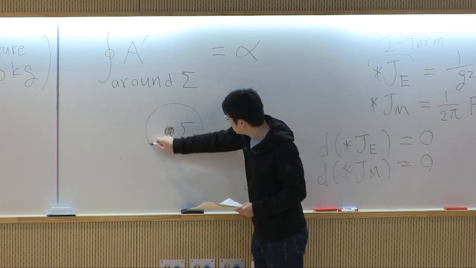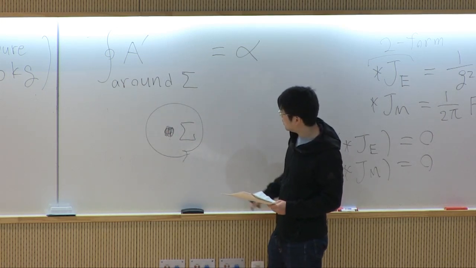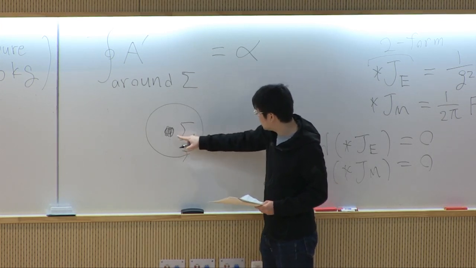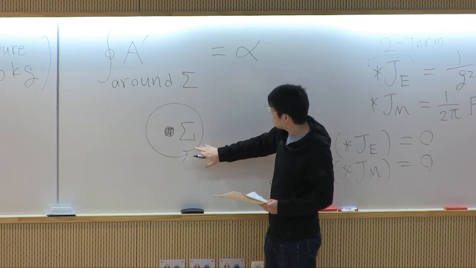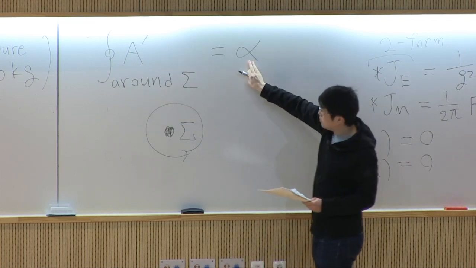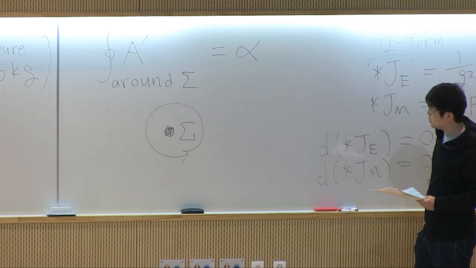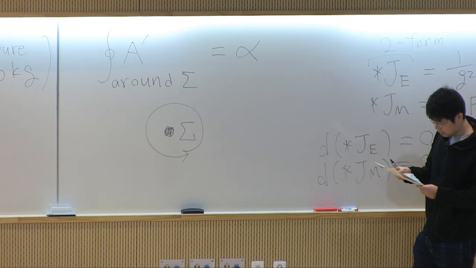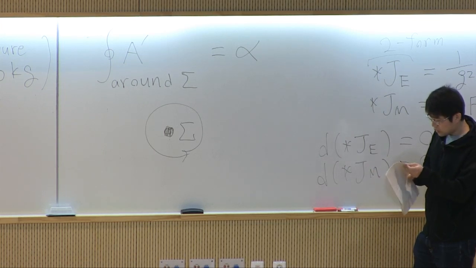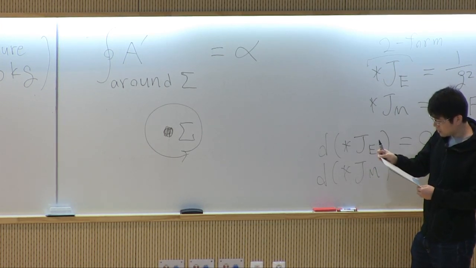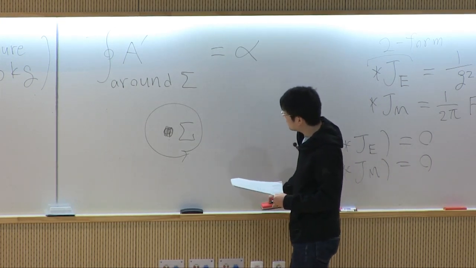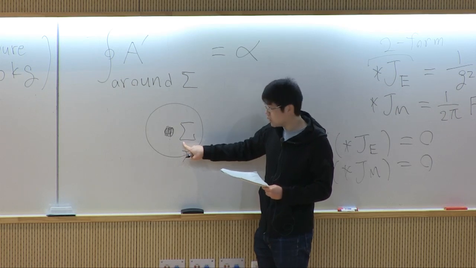Then we take a small circle around this sigma and compute the holonomy around this sigma. Then this holonomy of the new gauge field A prime is given precisely by this parameter alpha. So in this way, we can rewrite the electric symmetry operator as a kind of singularity around this sigma.